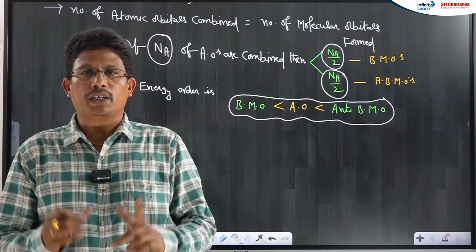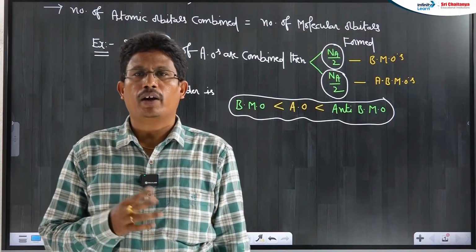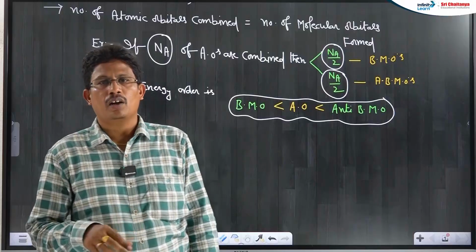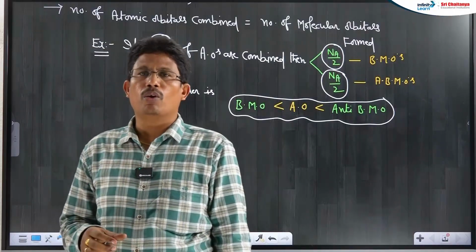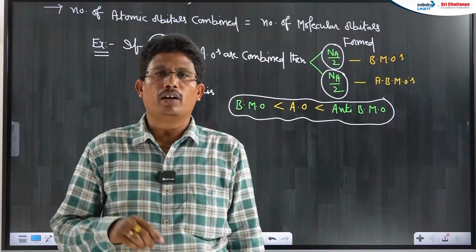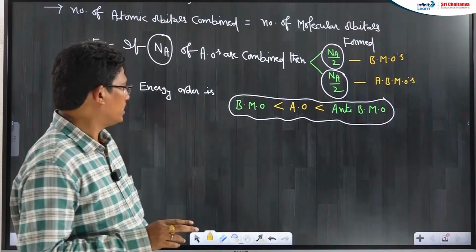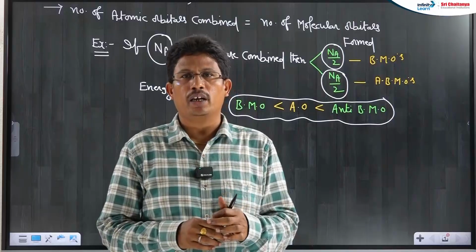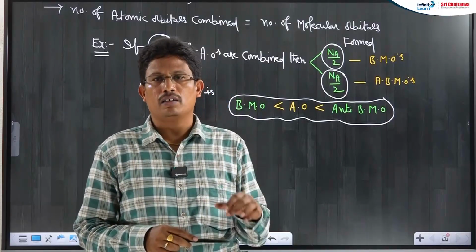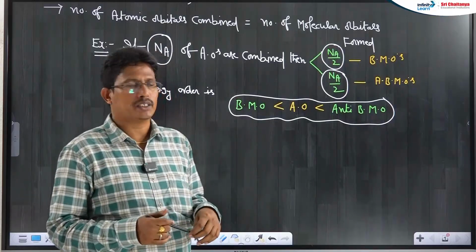Atomic orbital is monocentric, while molecular orbital is polycentric, that means it is influenced by more than one nucleus. Atomic orbital is influenced by only one nucleus. These are all theoretical points. Read the NCERT book carefully, line by line. These are also important before going to bond order calculation.